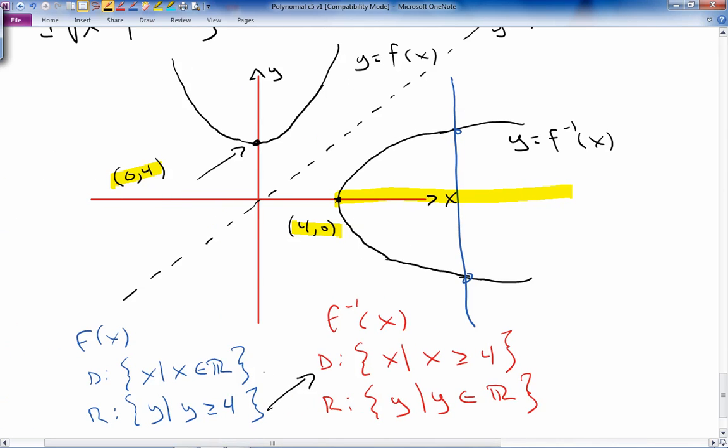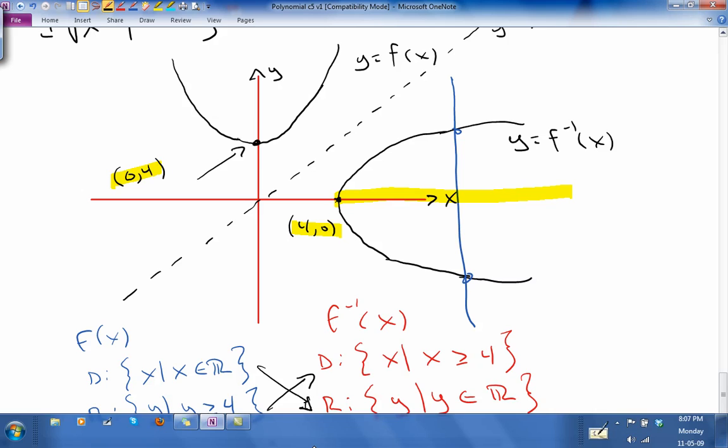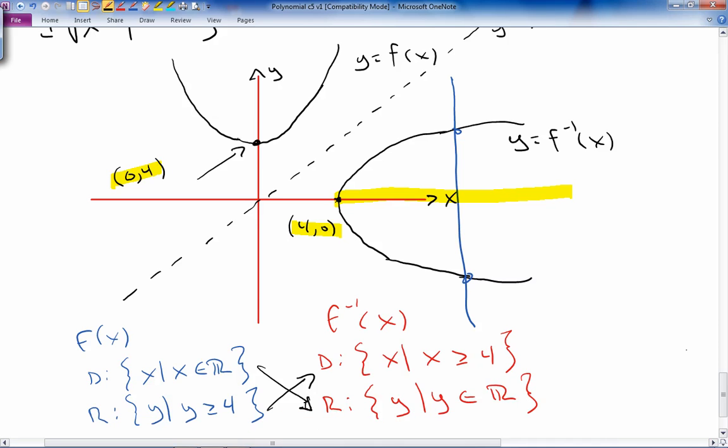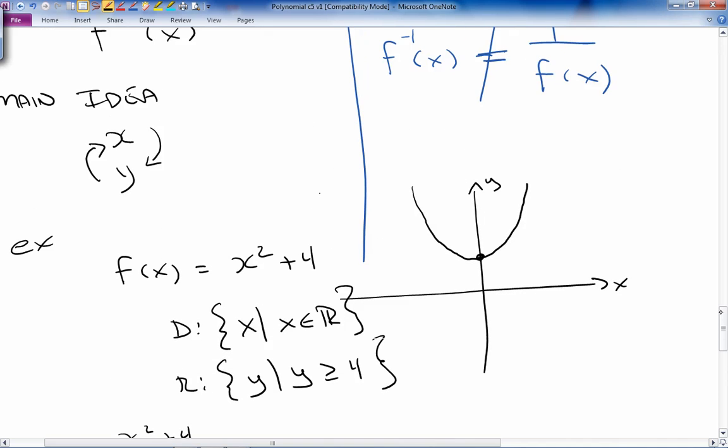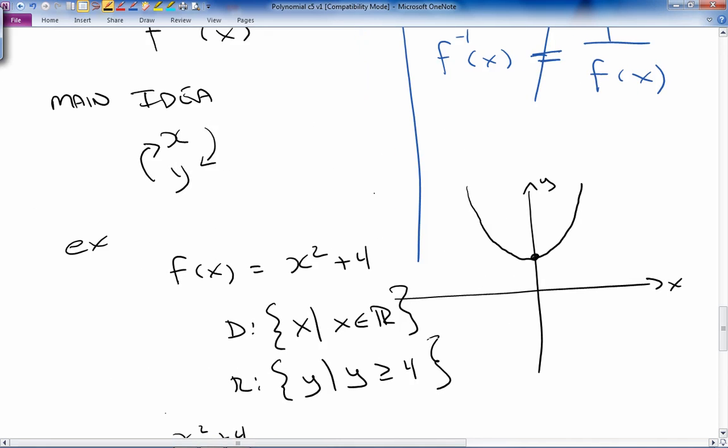So we get this switching back and forth. The main thing has to do with what I said was the main idea: that we switch this around. By doing that, domain and range switch around. Points switch around.